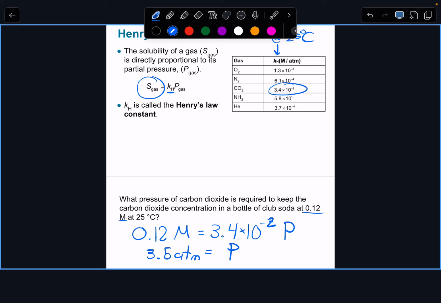They probably have to maintain that 3.5 atmospheres to keep that molarity of carbon dioxide dissolved in the soda. They also probably do it at an even higher molarity to account for pouring it into containers, and at a very low temperature so that not much carbon dioxide will escape.